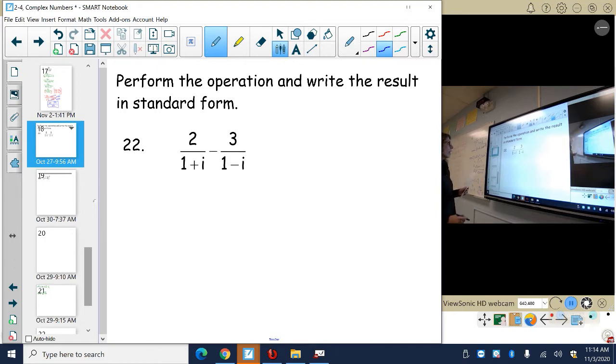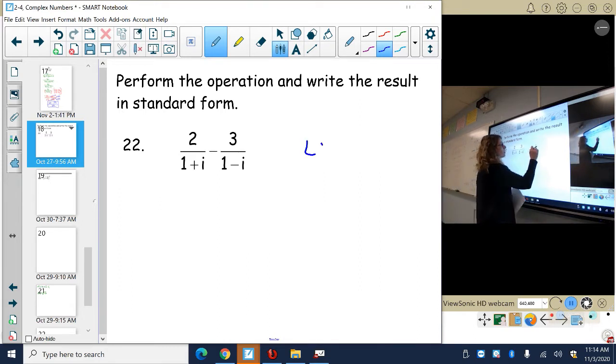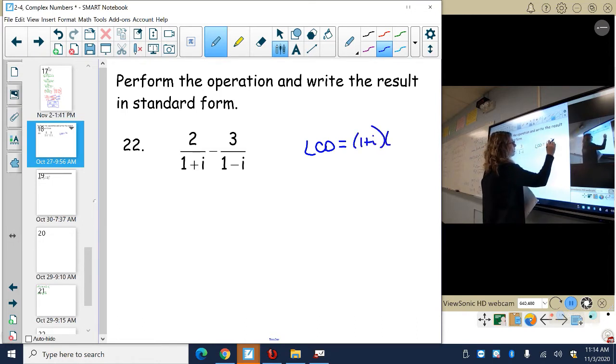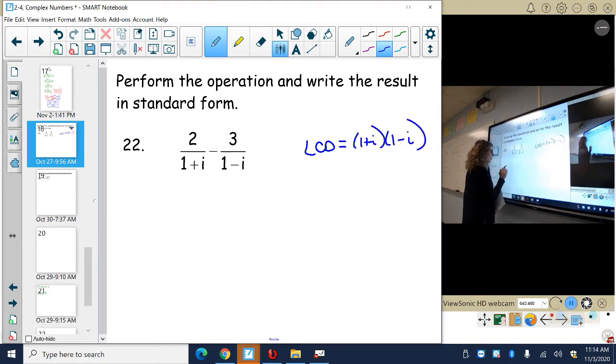Okay, next one is 22. 22 says perform the operation and write the result in standard form. So I need to find my LCD. My LCD between these two is going to be 1 plus i times 1 minus i. So I need each of these denominators to turn into that.